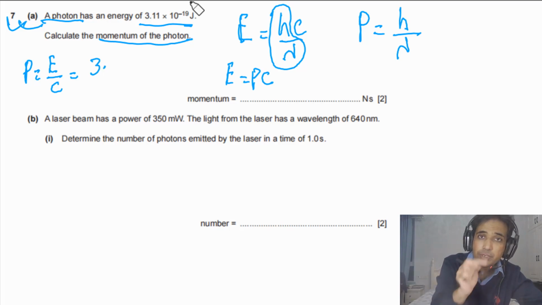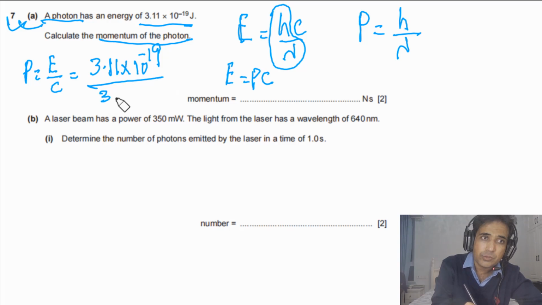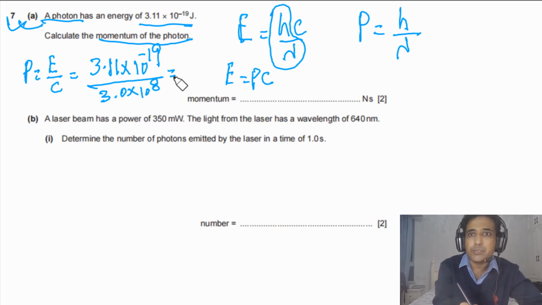In this case, energy is already in joules, so simply we can write down 3.11 times 10 to minus 19 joules, and C is a constant, that is equal to 3.0 times 10 to 8 meters per second.